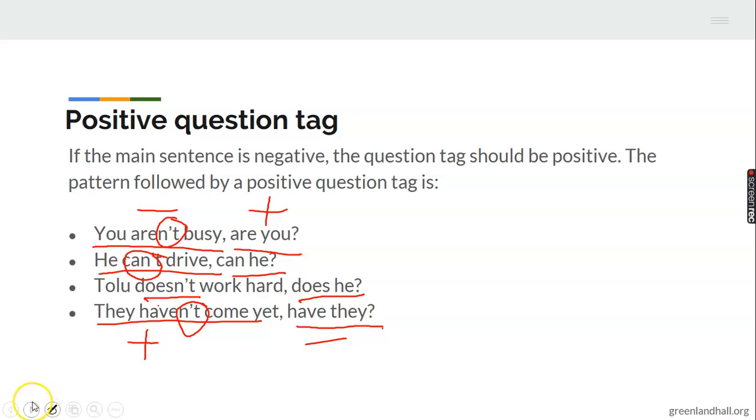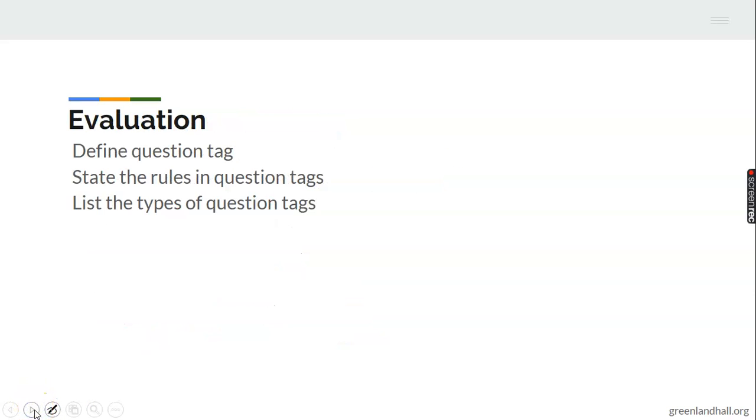So moving forward now, we have been able in this class to define question tag. We have said what question tag is. We have been able to state some of the basic rules in question tag. We said earlier that question tags turn a statement into a question, simplified. That is so simple.